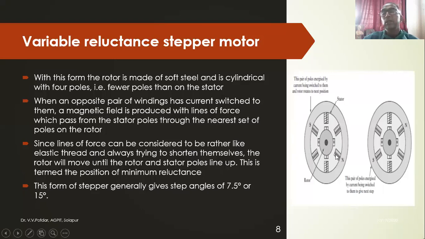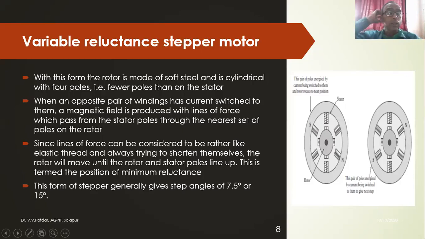So this magnetic field will try to pull this pole on the rotor till this pole aligns with this pole. This is how I can get indexing of the rotor.